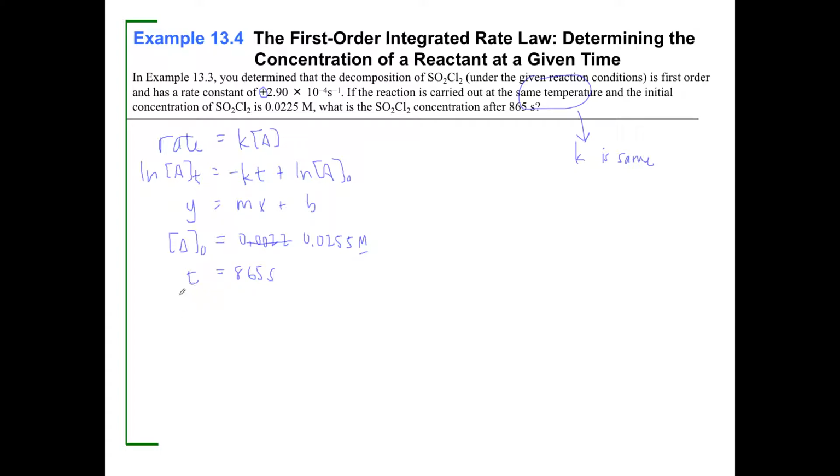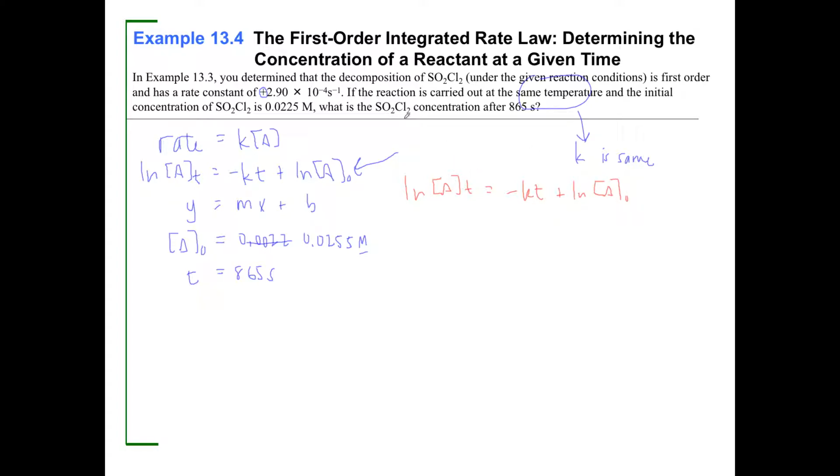865 seconds. All right. So what we need to do then is take our integrated rate law, because they're giving us a time. And so we're using the integrated rate law, not the one about rate. I'm going to change colors now to keep things clear. The natural log of A at time t is equal to minus kt plus the natural log of A0.